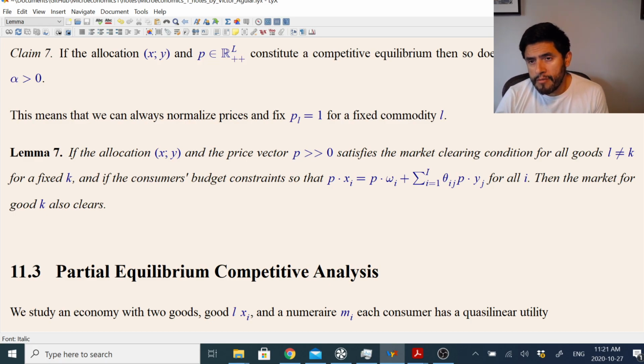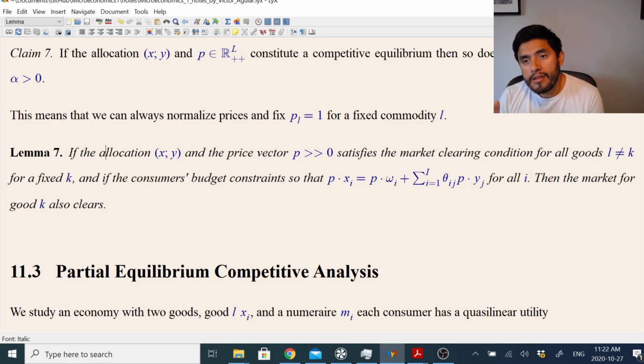I have to solve it for each market, for each good. So you have L goods, and all of them constitute a market. Now all of these markets will have their corresponding price, and according to that price, the aggregate supply of that good is equal to the aggregate demand of that good.